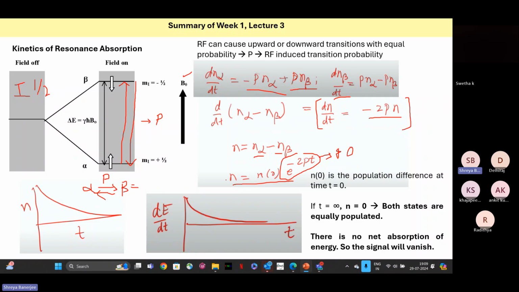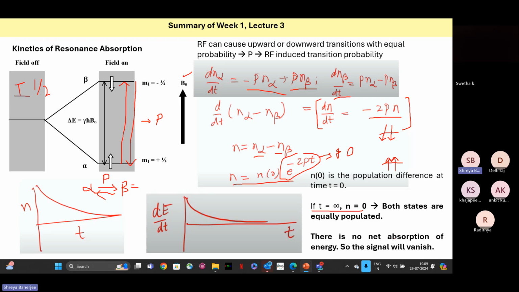But if t is infinity, this entire term becomes 0, and so n becomes 0. That is, the population difference between alpha and beta becomes 0. This is an important case where t is infinity, and the population difference between alpha and beta is 0. So both alpha and beta are equally populated. If we have 2 nuclei in the alpha state, there will be 2 nuclei in the beta state.